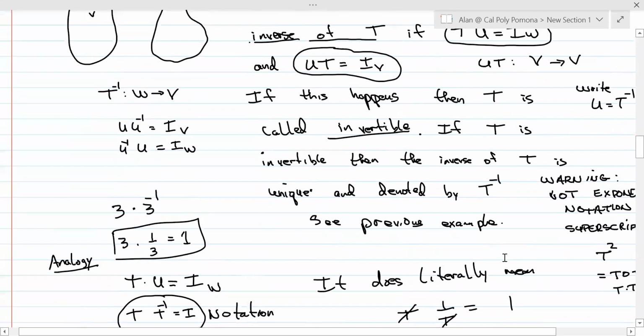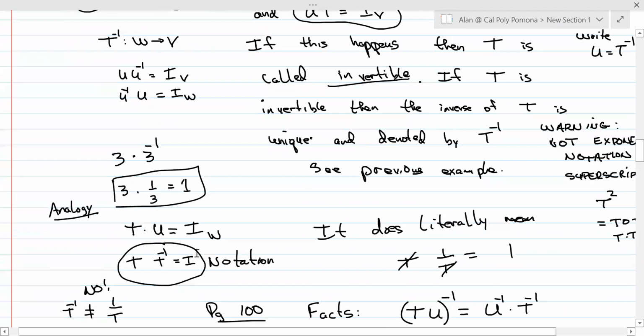We talked a little bit about the notation of it. We use this thing that looks like an exponent, but it really isn't. It looks like we're raising T to the negative first power, but we're really not doing that. That's a superscript, not an exponent.